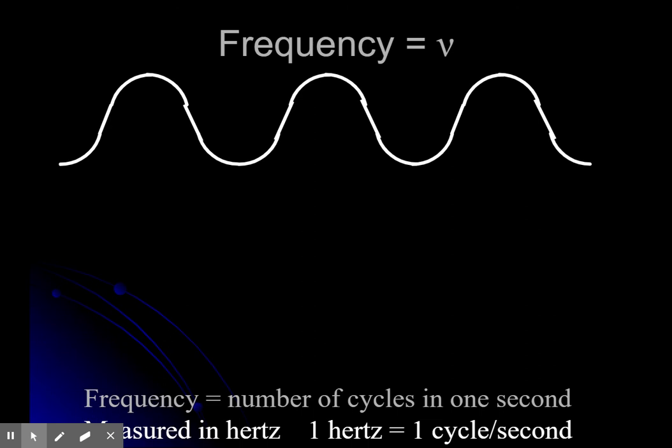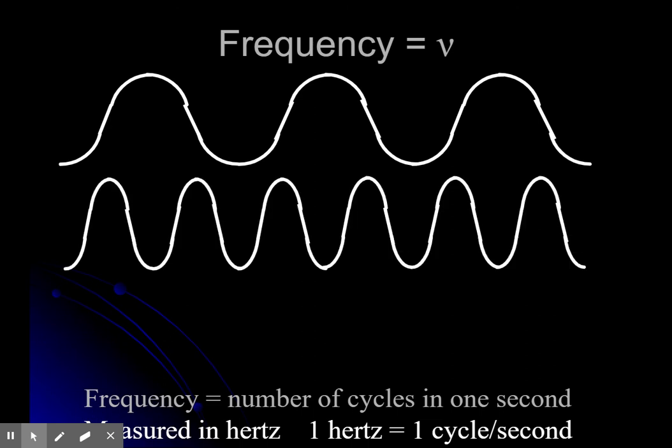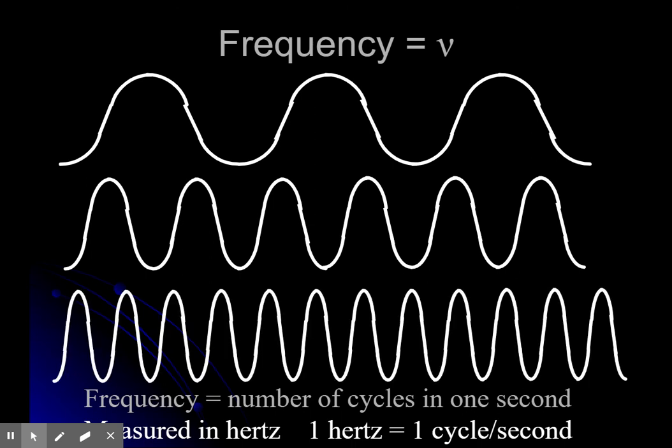If I increase that frequency and have more waves per second, you will notice that my wavelength decreases. So they have an opposite, or inverse, relationship to one another. Frequency goes up, wavelength goes down.